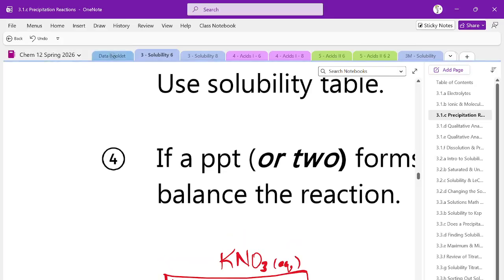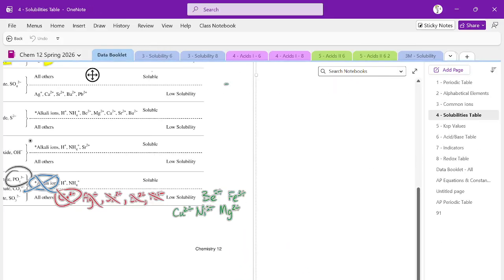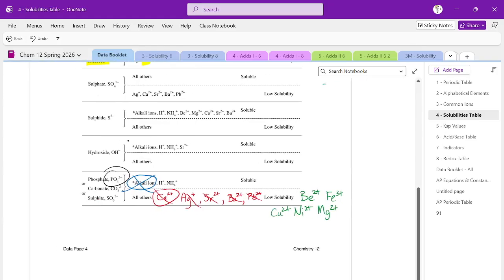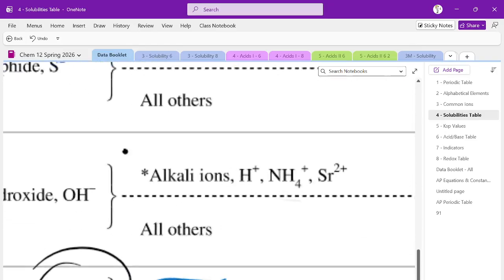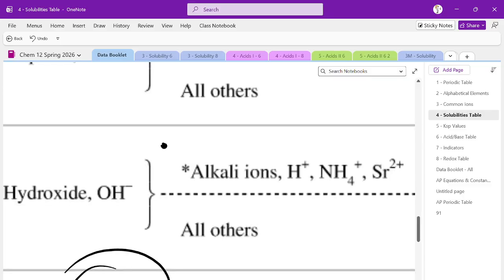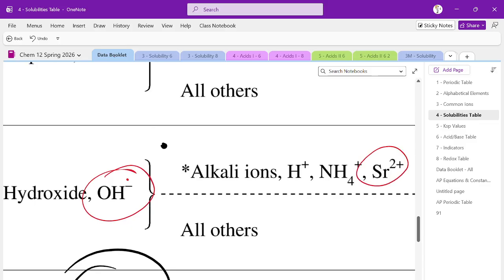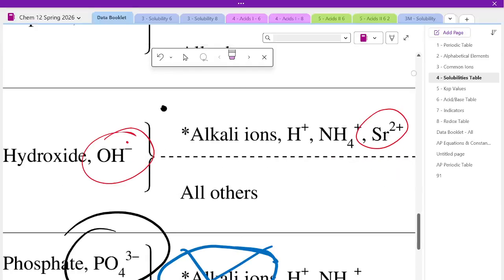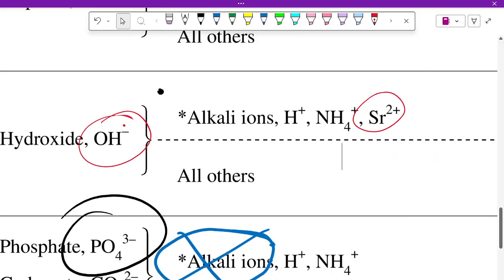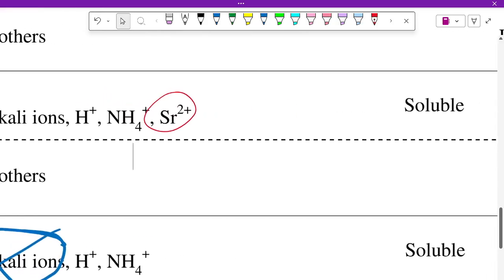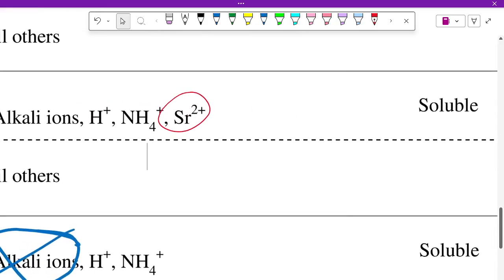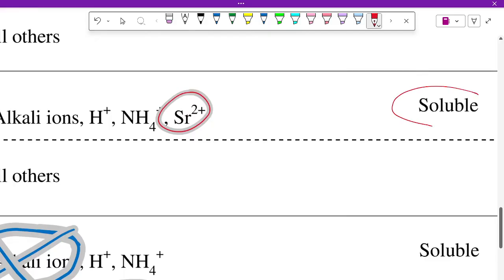And we will go here and we will look and we will say hydroxide, strontium is soluble. So does that form a precipitate? If it's soluble? No. Soluble means it stays aqueous.